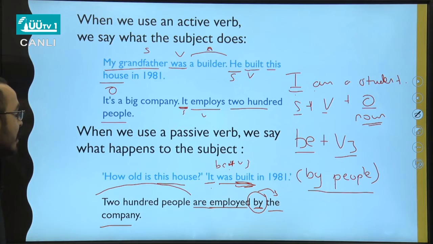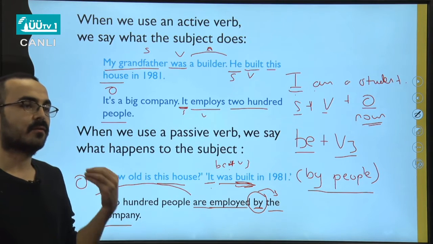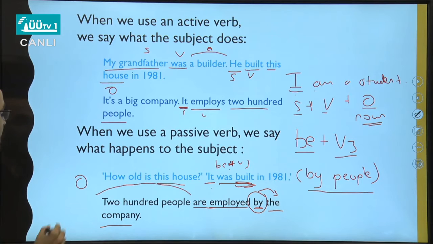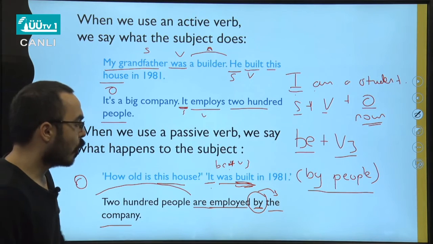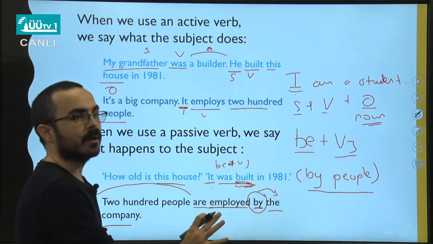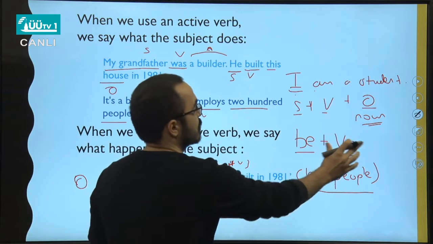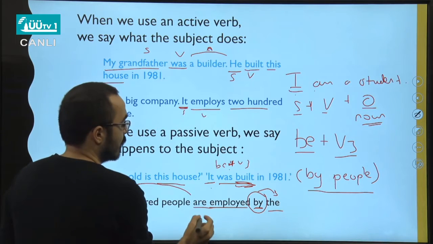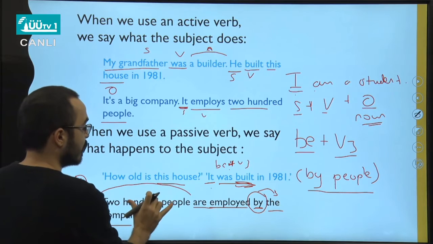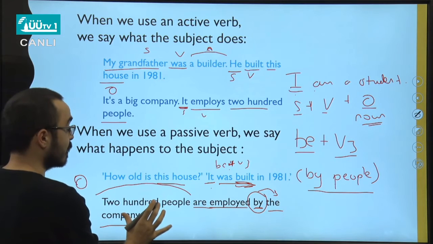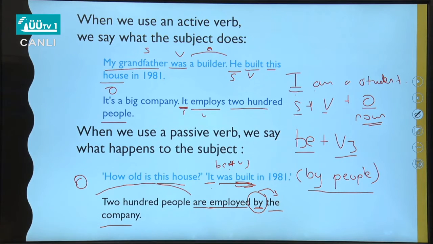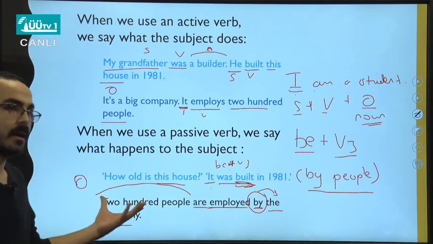As you can see, my object becomes the attention, the focus of this sentence, okay? And after my object, I have my be plus verb 3, right? My subject is referred to as what? They, right? 200 people, they are plural, so I tell them they.